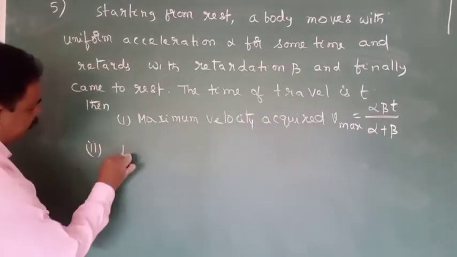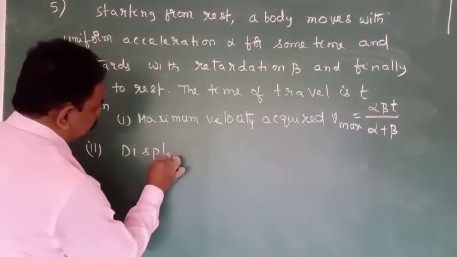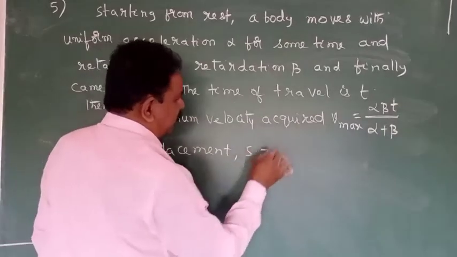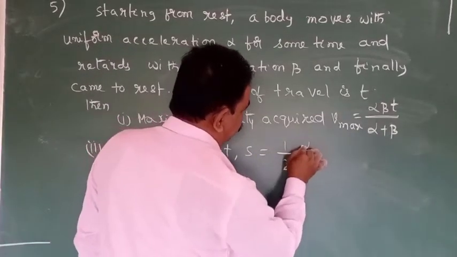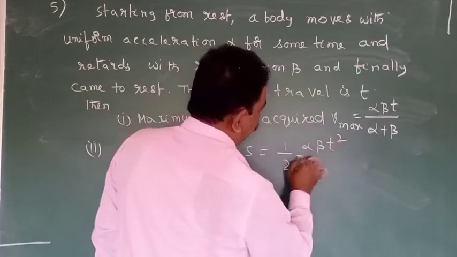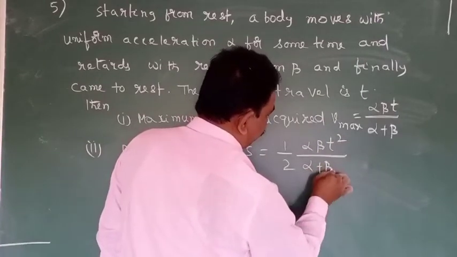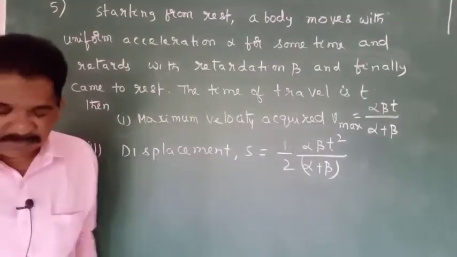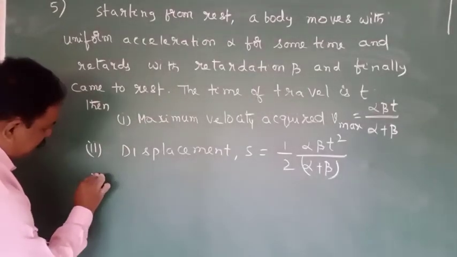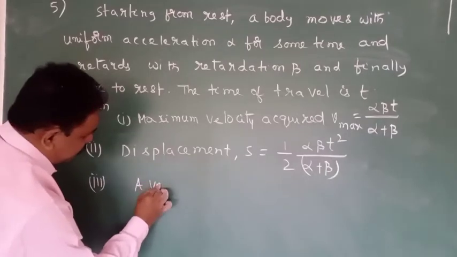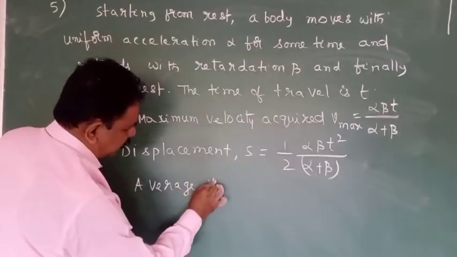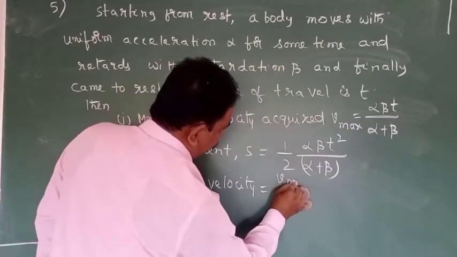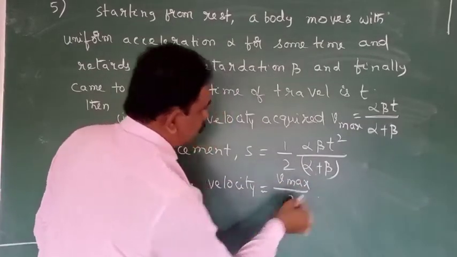Second one, displacement S is equal to 1 by 2 alpha beta t square by alpha plus beta. Okay. Next, average velocity is equal to V maximum by 2.